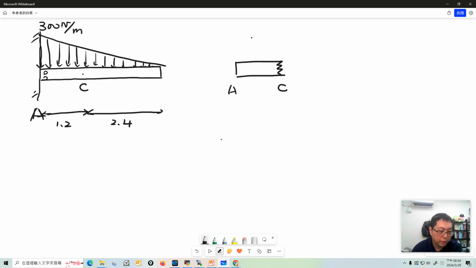Okay, in this problem, A here is a fixed support. And then we use the AC section to do the calculation. Previously we used the CB section, and when you use the CB section, you can ignore everything on the left.